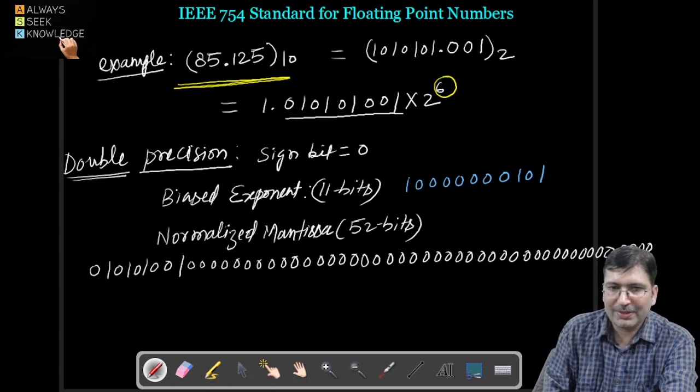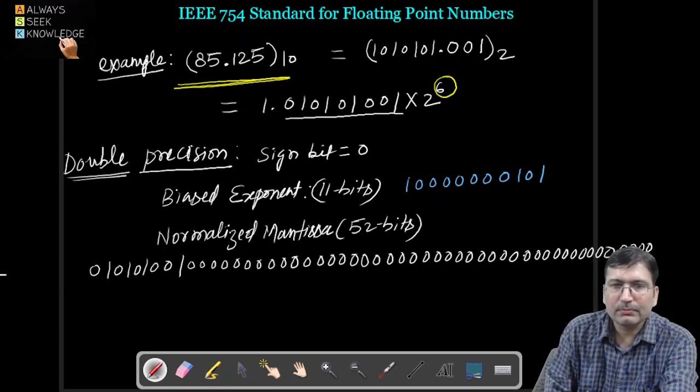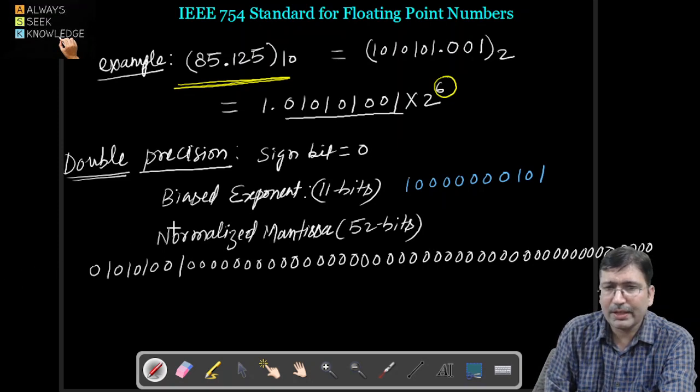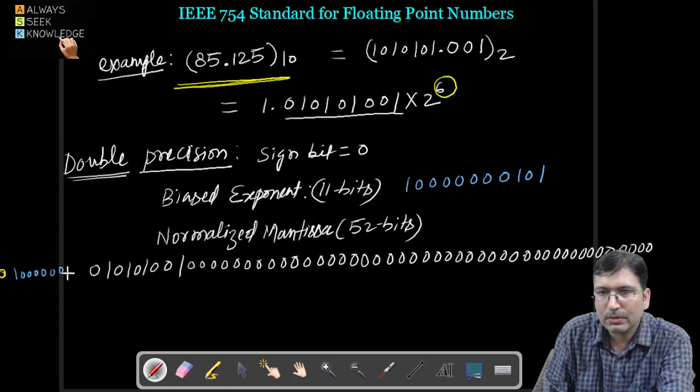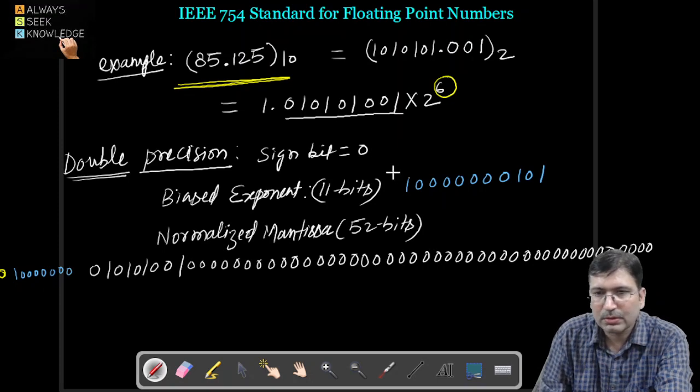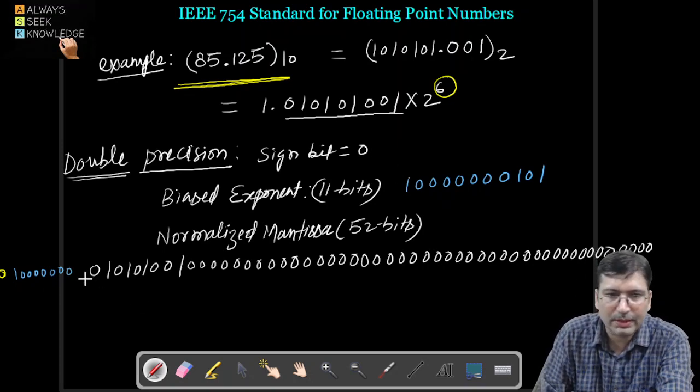So if you want to represent the overall number in double precision, the very first bit will be 0 as the sign bit. The remaining 11 bits will be 1, then 7 zeros, and then 1 0 1.